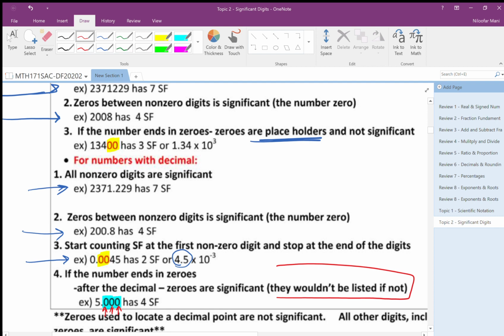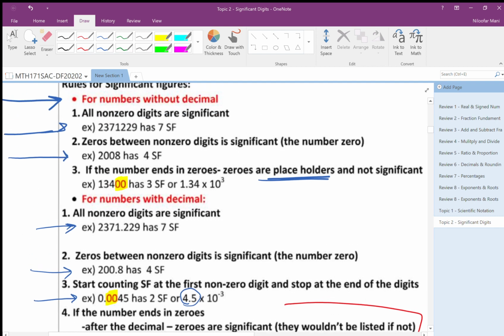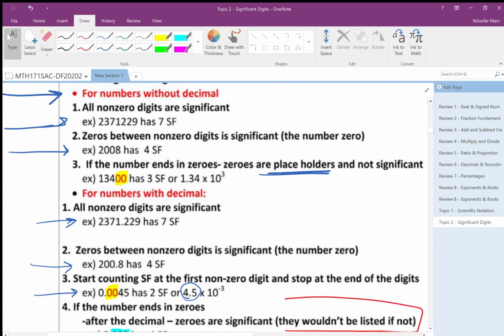So if you have no decimal, start from the first non-zero digit. Of course, you don't have any zero before your numbers if you have no decimal, and just go to the last non-zero digit. You don't need to count zeros at the end if you don't have a decimal.